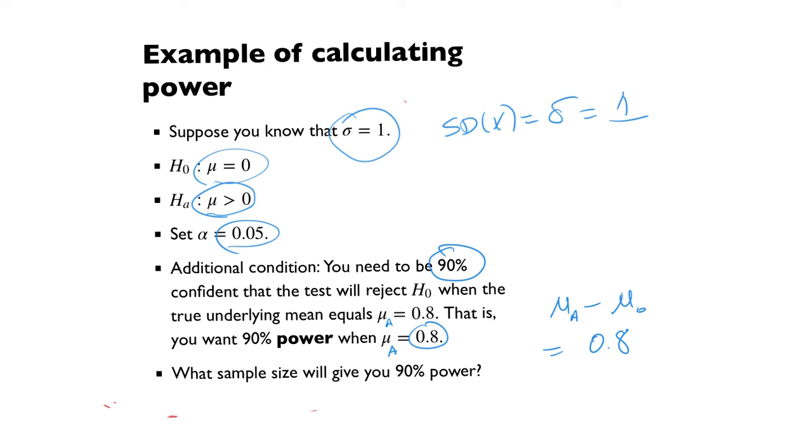And we want to figure out what sample size we would need to achieve 90% power if all these things were true. So we want the probability of rejecting the null under our specified alternative to be 90% or greater.